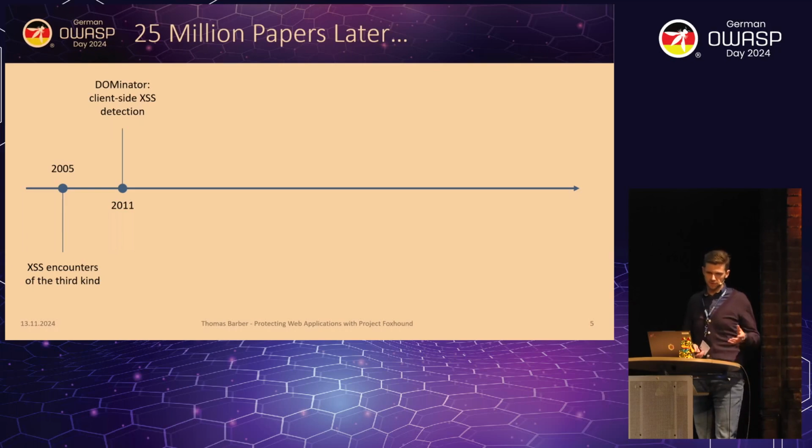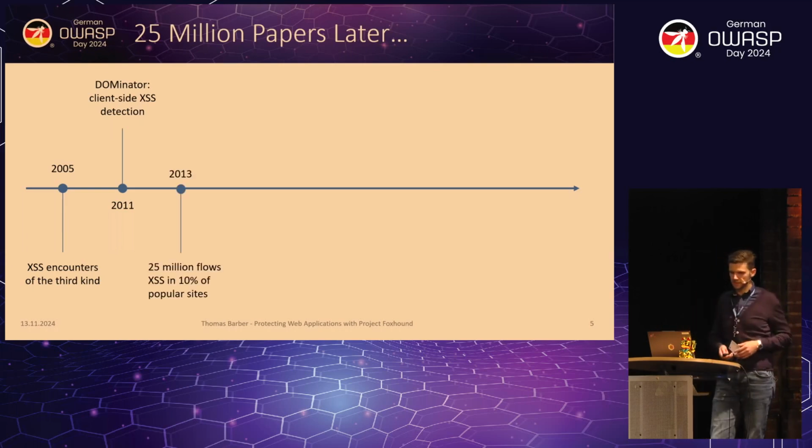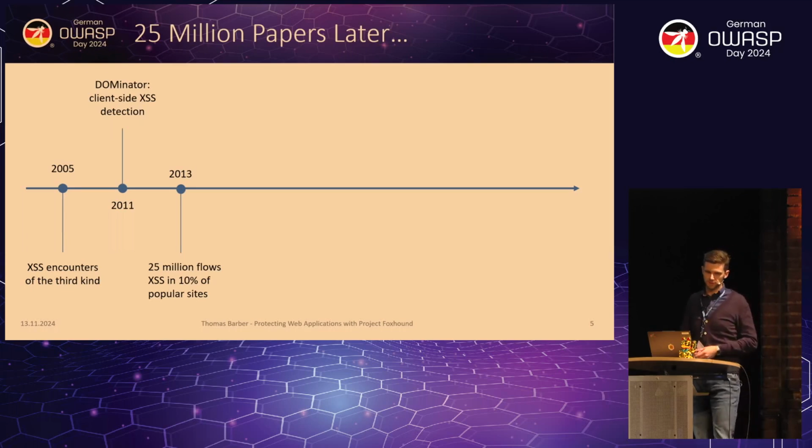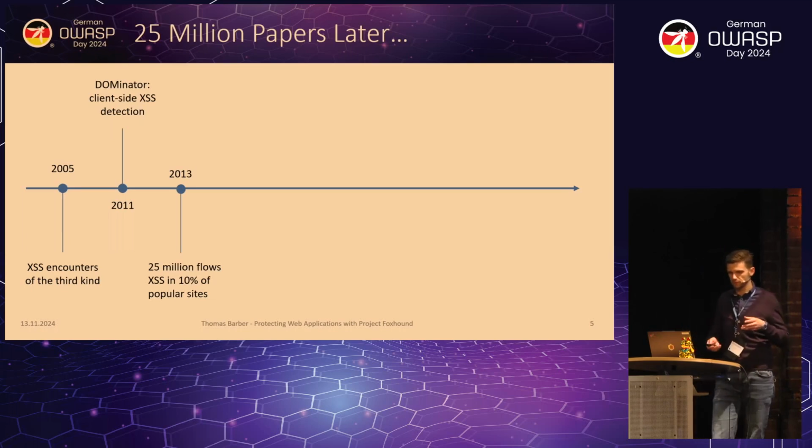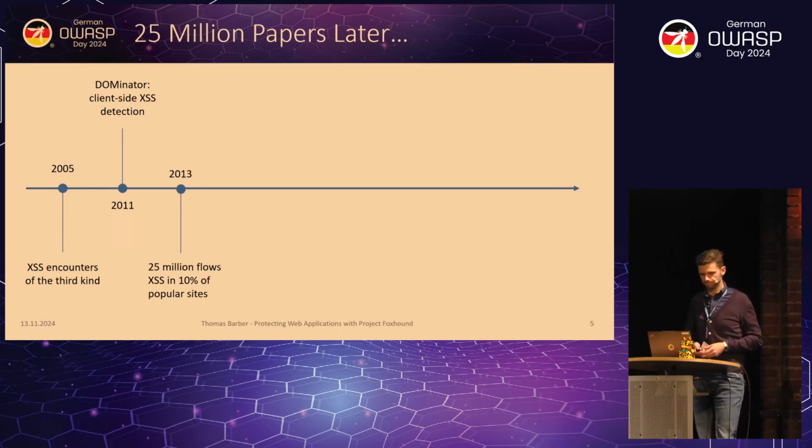They're very active in the Italian OWASP community. And then a few years later, 2013, there was the well-known paper from Martin Johns, who discovered that 10% of popular websites actually contain client-side XSS.